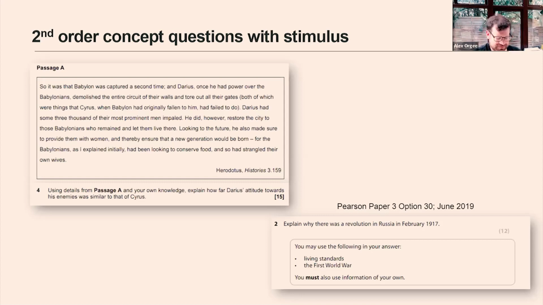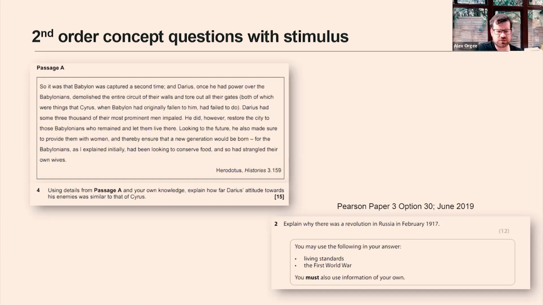I think this is fairly similar to the type of question that appears in the Pearson paper, where they have a second order concept question and are given a couple of stimulus points for students to go off. But there is an expectation that they must use their own knowledge. So it's very similar in terms of what we're expecting students to do in comparison to this Pearson example.